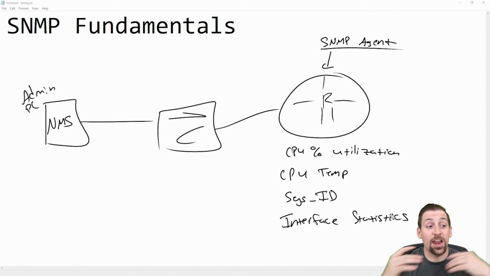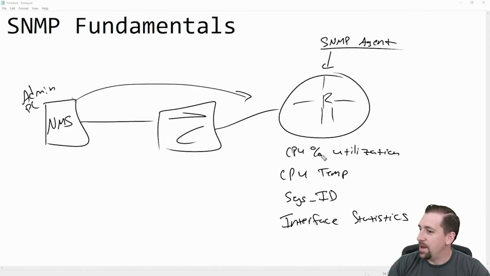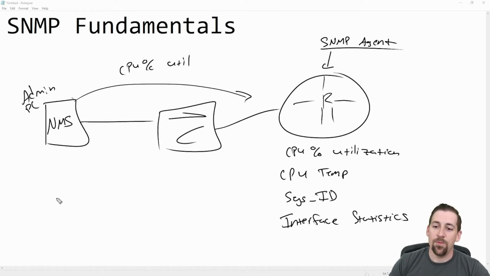This is the type of data that we can get off of these endpoints, right? And so now we think, what can we do with this data? So we could actually pull, let's say, CPU percentage utilization off of this router, CPU percent util. And we could actually look at it.